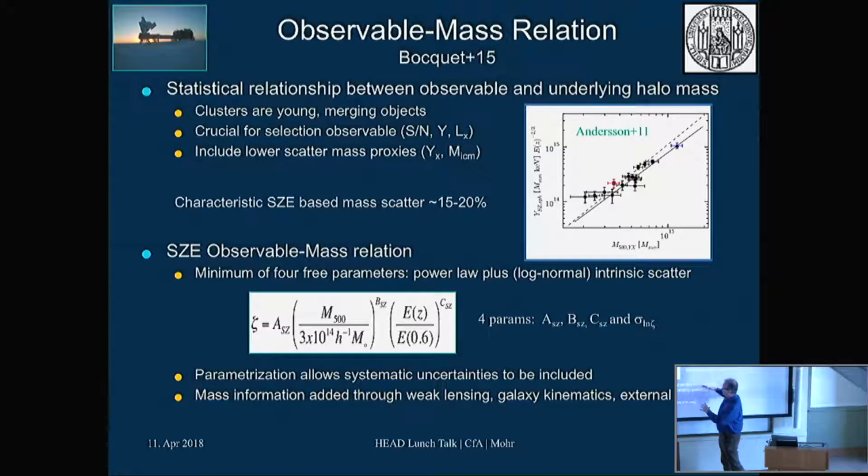In this empirical calibration, we're constantly trying to improve it through weak lensing, galaxy kinematics, external priors even, although less so now. And what I'm going to show you is sort of state-of-the-art given the data that we have available now. It will get better over time. The characteristic SZ-based mass scatter is something like 15 to 20%, including the systematics added in quadrature, something like 25% per cluster.